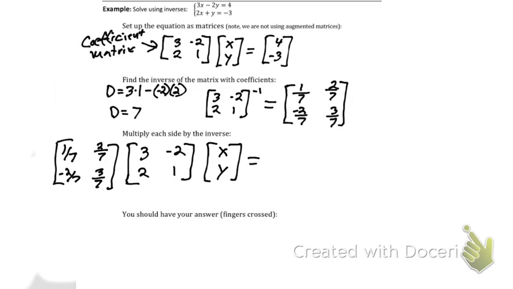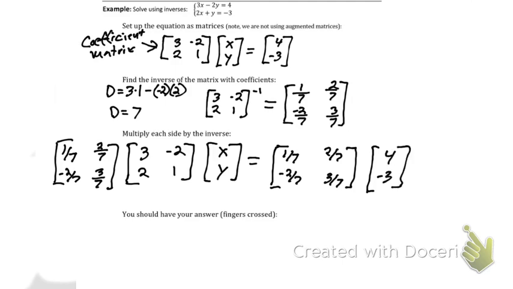And that's going to equal, now here's where it gets important, put your inverse in front of that 4 and negative 3. So you should have some kind of note that says put this in front of it. So we're going to put the inverse in front: 1 over 7, 2 over 7, negative 2 over 7, 3 over 7, and we're going to multiply that by our 4, negative 3.